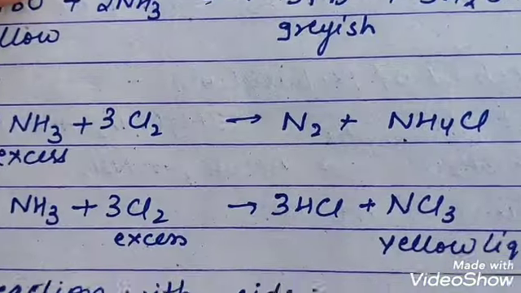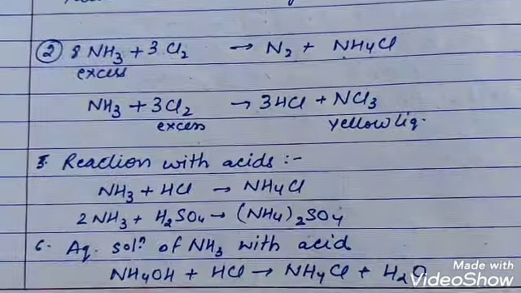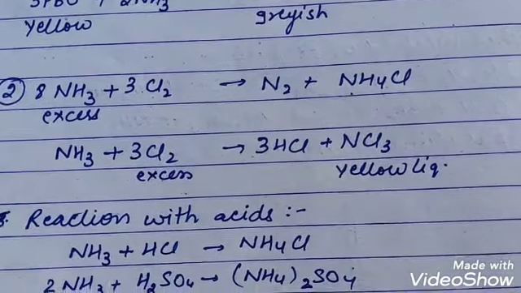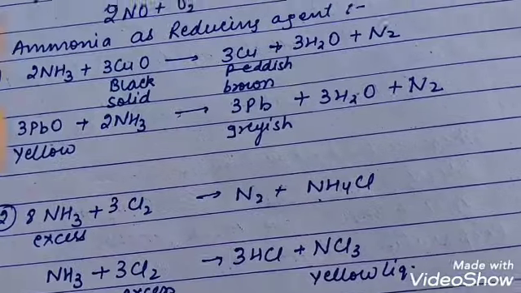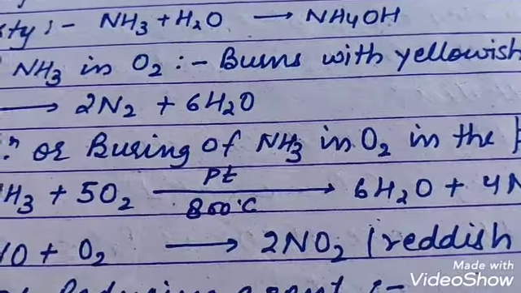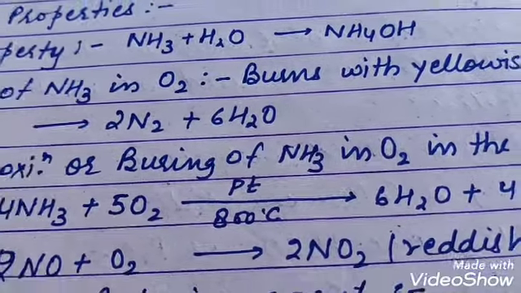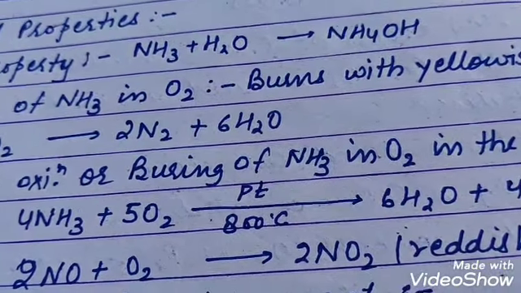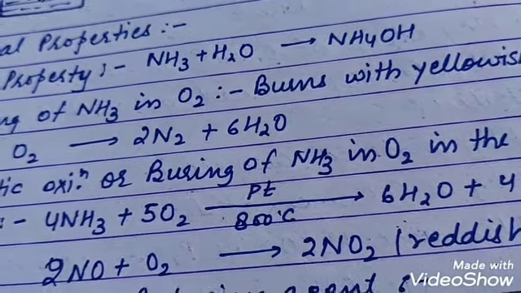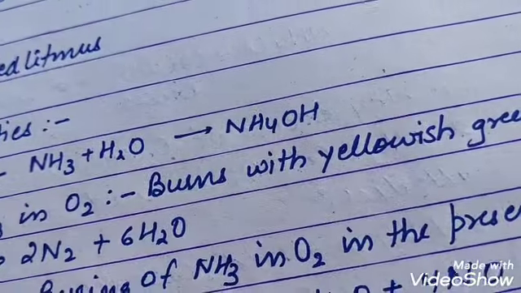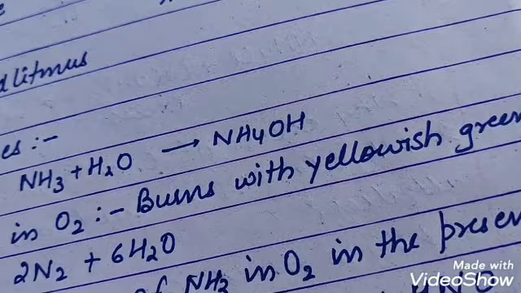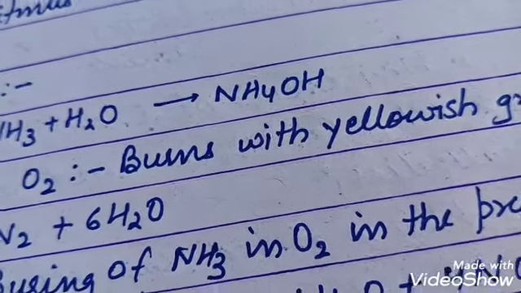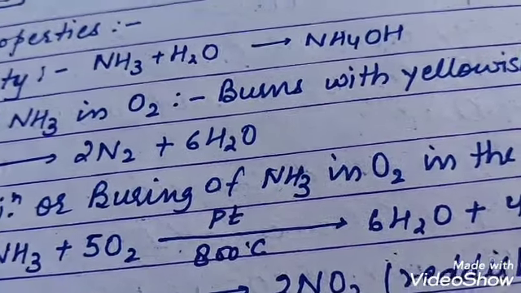Now this aqueous solution of ammonia can react with many salts, like iron 2 salt, iron 3 salt, lead salt, zinc salt and copper salt. It is not written here, but it is given in your book, so you will have to learn those reactions also.